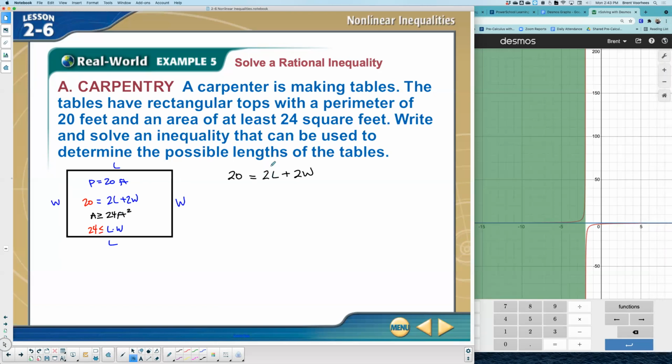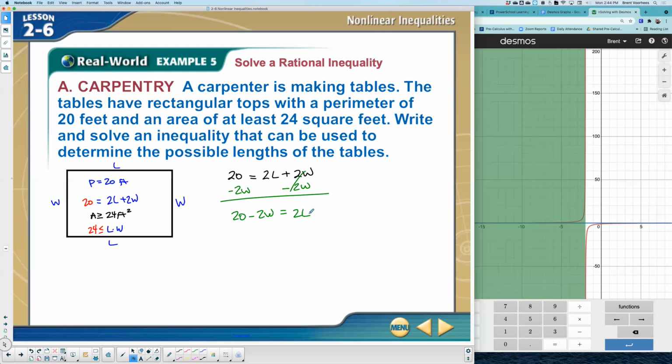Okay, so if we wanted length by itself, how would I get rid of the plus 2w? We subtract 2w. So I'm doing a system of equations right now is what I'm working on. And so 20 minus 2w is going to equal 2 lengths. Now to get length by itself, I need to get rid of this 2.